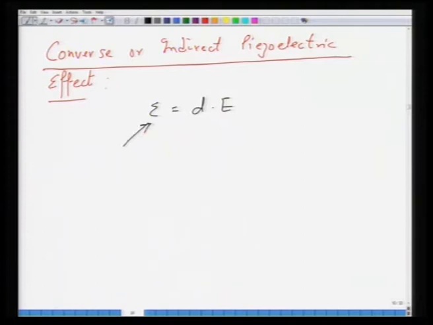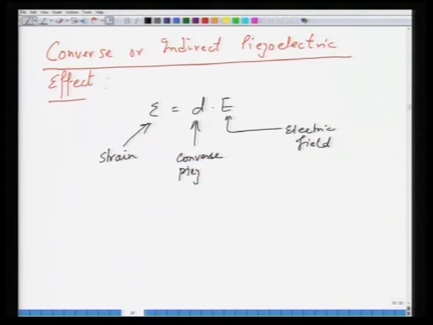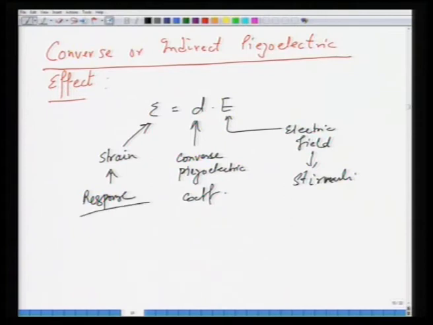So, this epsilon is the strain, E is the electric field, and d is the converse piezoelectric coefficient. And so, here this electric field acts as a stimulus and this strain is the response. So, you can understand the converseness with respect to the previous effect.